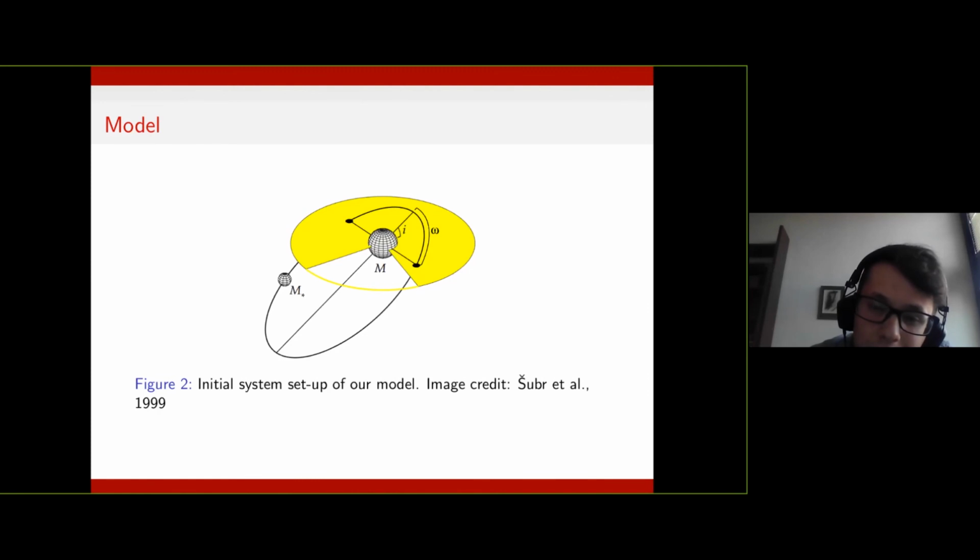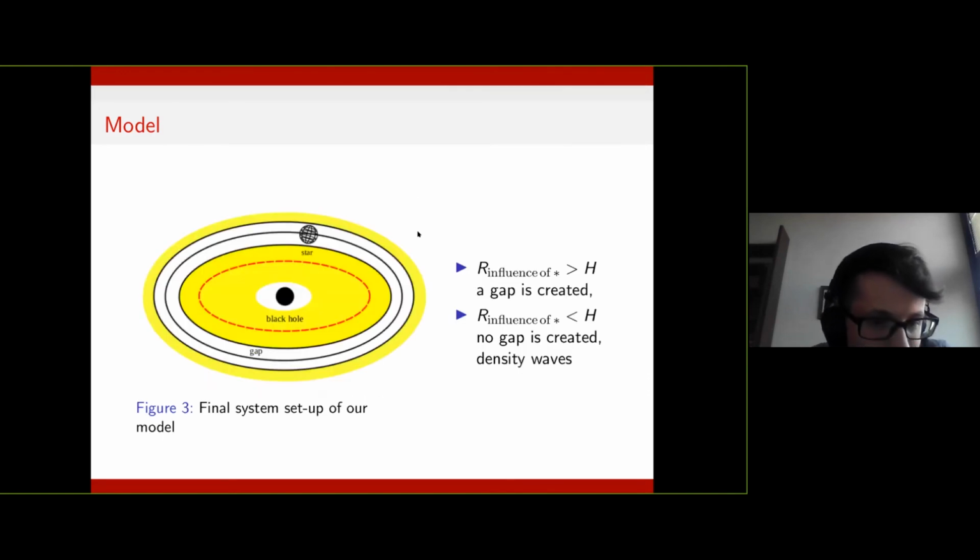And the star will eventually spiral down to the supermassive black hole. So, assuming the accretion disk around the supermassive black hole to be thin, I mean Shakura-Sunyaev thin, there might be two scenarios that happen once the star reaches the orbital plane of the accretion disk.